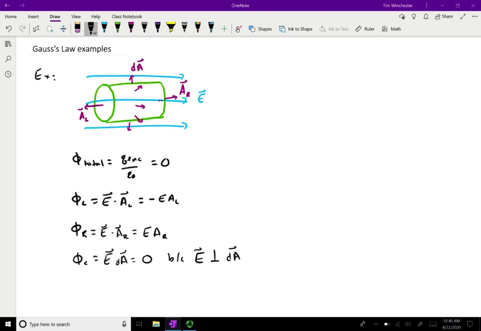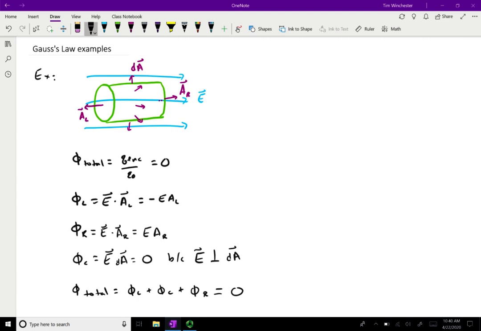That's true, and the total flux is equal to the flux of the left plus the flux of the curved side plus the flux on the right. The flux through the curved side was 0, and the flux through the left and right are equal and opposite, EA and negative EA, so those all add up to 0. So we can see in this case that Gauss's law is true.